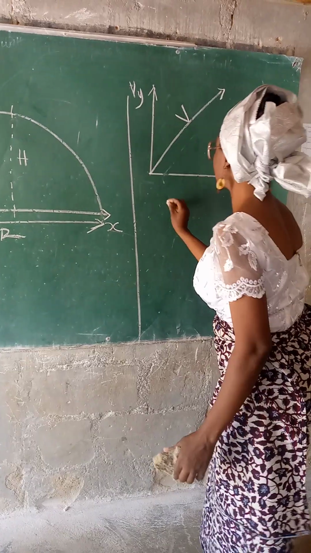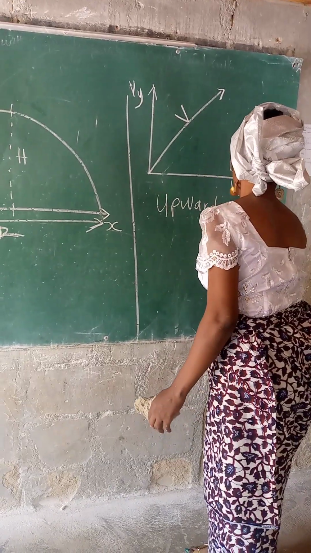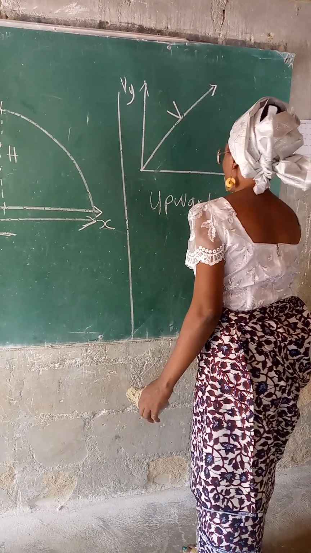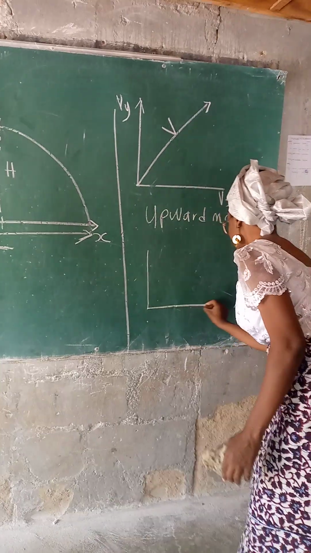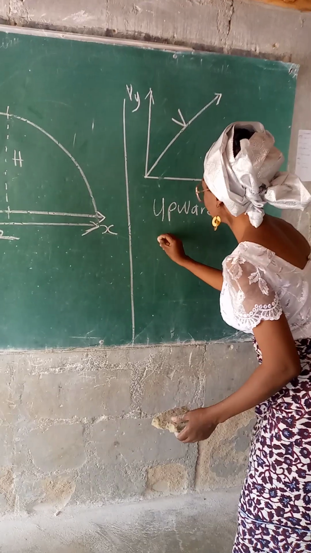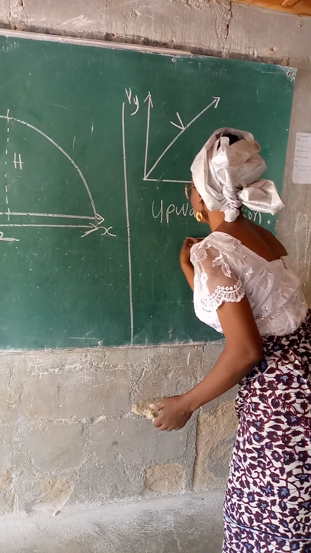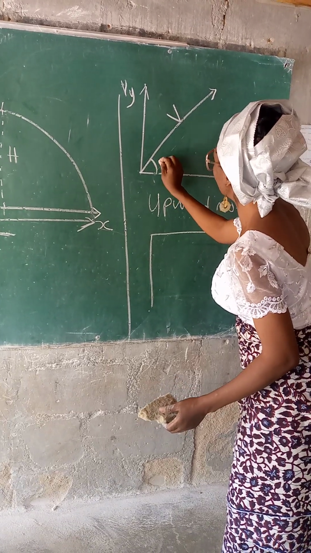Let's suppose this is for the upward motion. For the downward motion, it's going to be something like this. Remember, the angle is going to be with the horizontal.